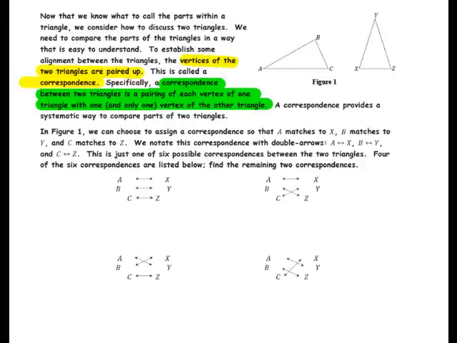All right, so we have angle A corresponds with angle X. So here is angle A and here is angle X. Notice that they are just on the lower left-hand corner of the triangles. Next, we have B corresponding with Y. Here is angle B and here is angle Y, and those are both on the top of the triangle.